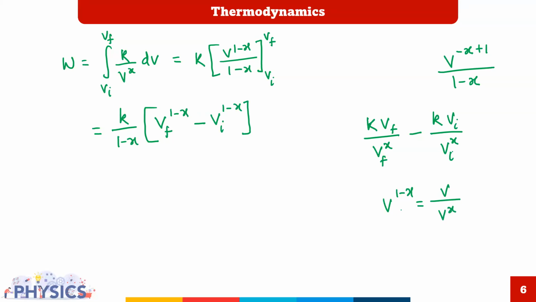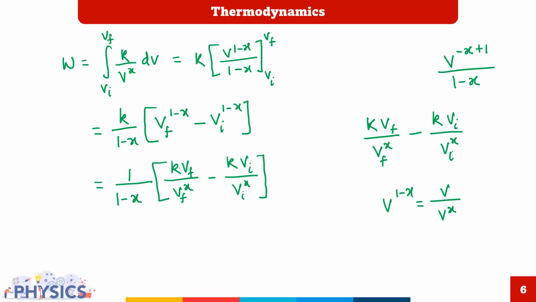So that is what I have done. So I can write this term as 1 upon (1-X), and inside this bracket, K V final divided by V final^X minus K V initial divided by V initial^X.